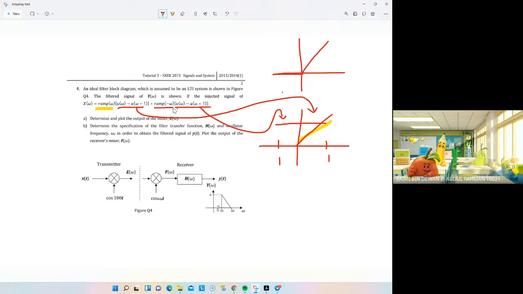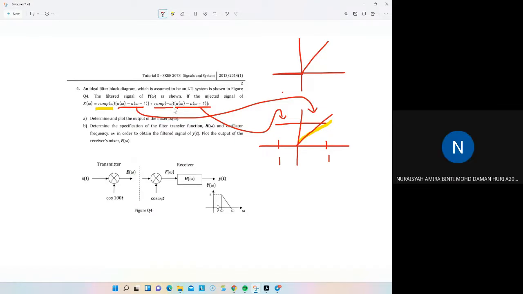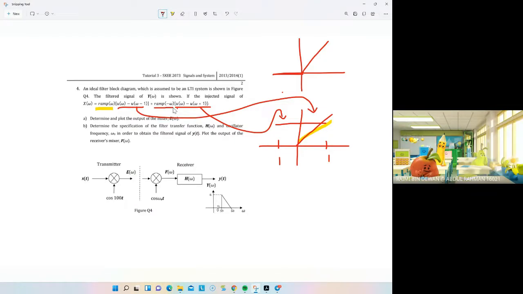Is it time? Omega inverse. Okay, so it's omega inverse. This is X. Remember, be careful. This is X, not Y. Y is this one.